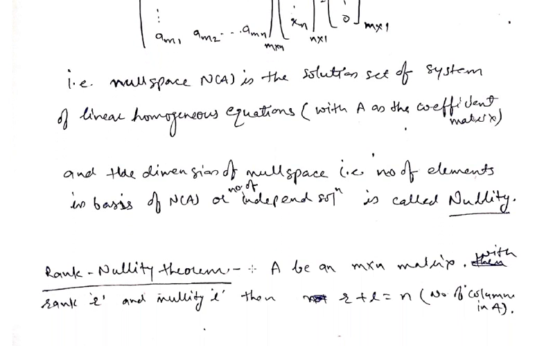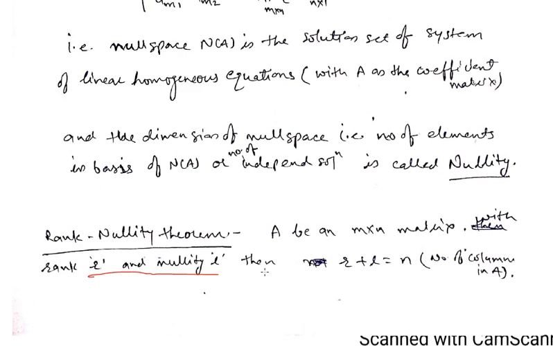Now the rank nullity theorem states: let A be an m cross n matrix with rank R and nullity L. Then R plus L equals n, where n is the number of columns in A.